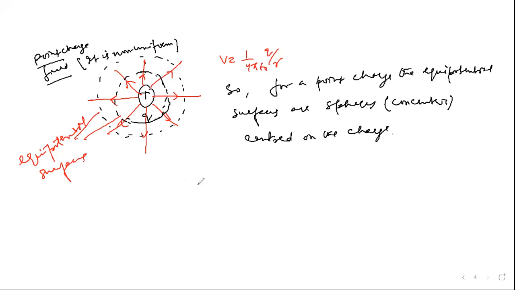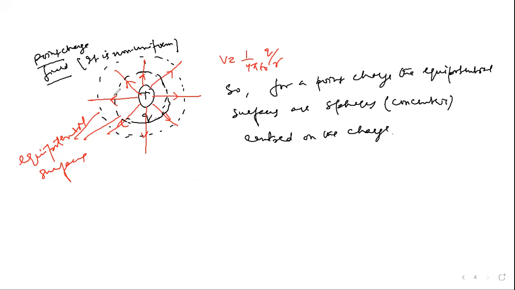One more thing, it is non-uniform field, so they will not be equally spaced. When we construct these equipotential surfaces, we keep the potential difference between two consecutive surfaces constant.